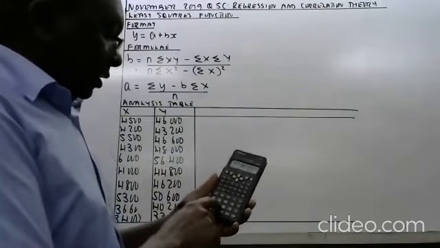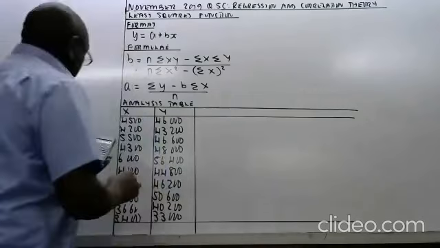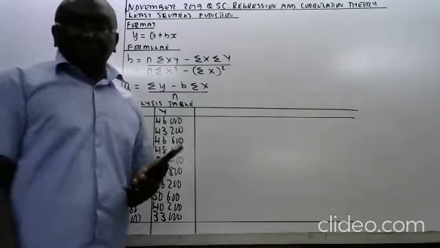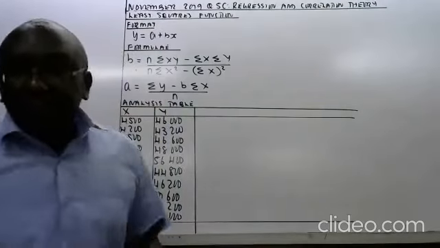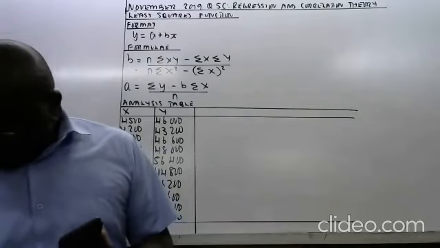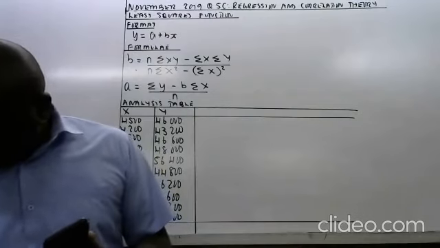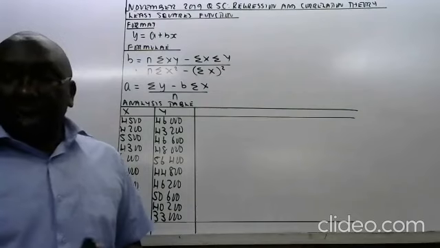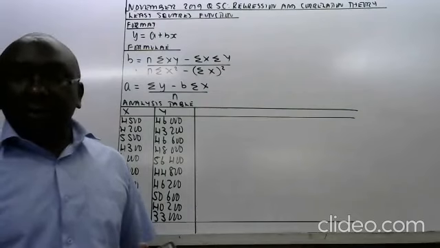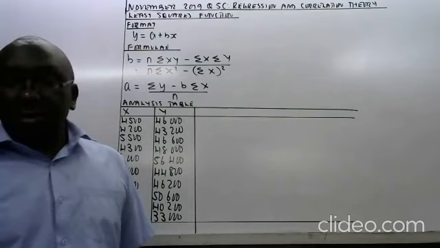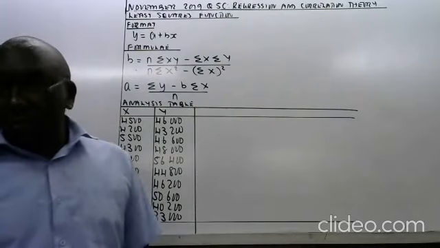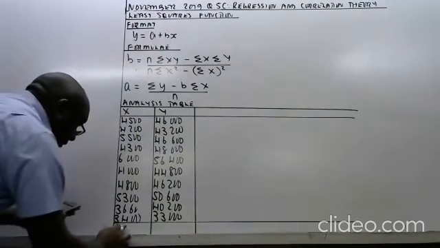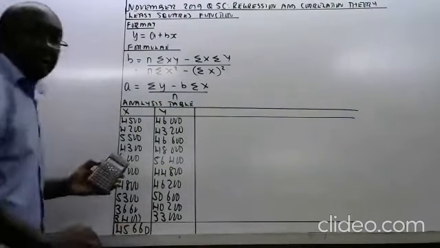So for x it is number 2 equals. So the sum of x is 45,660.